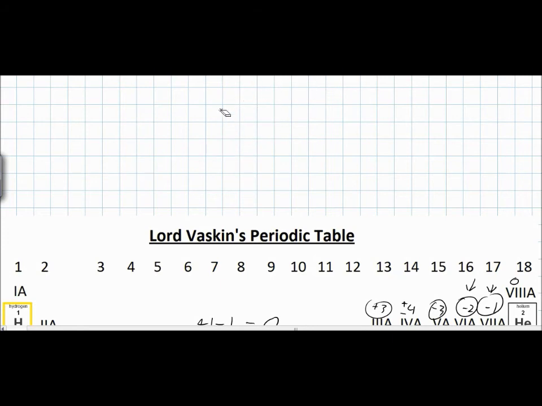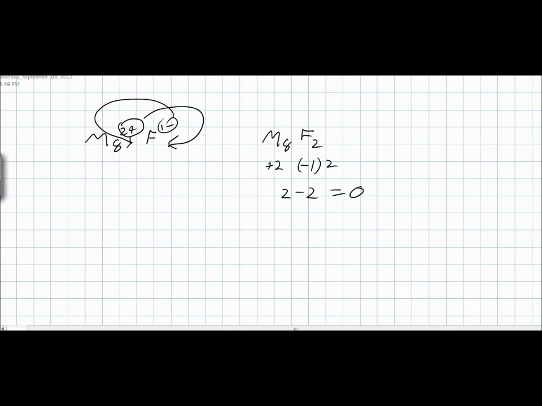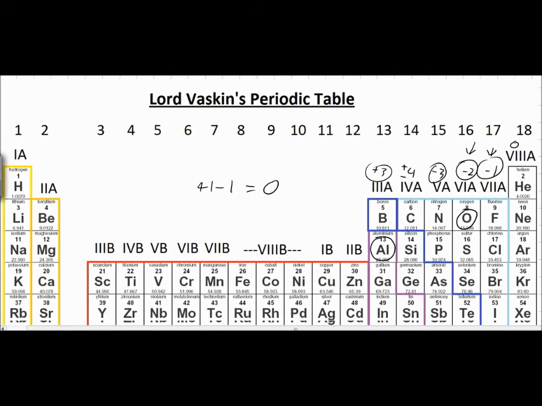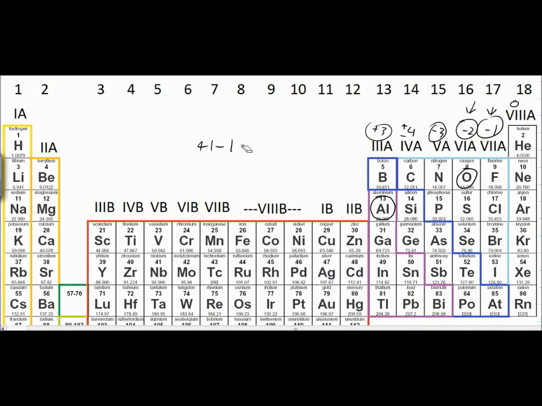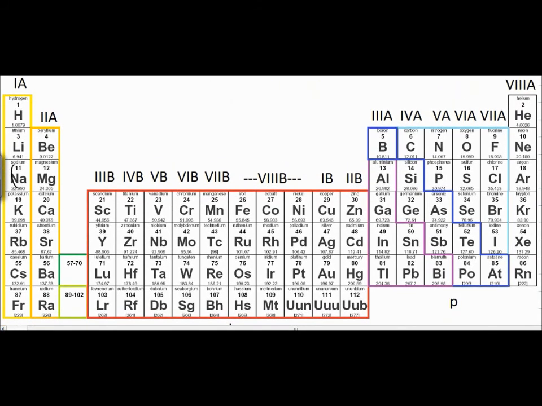Now I'm going to quickly explain the nomenclature of these ions. So what you always do is you start with the cation. And if you remember, the cation is the positively charged one, and the anion is always the negatively charged one. So a good example would be, for instance, sodium chlorine.